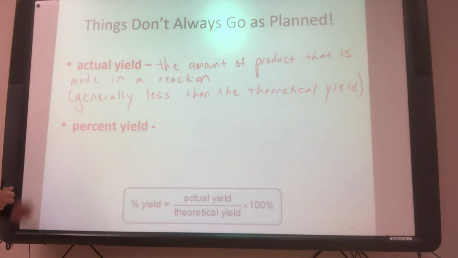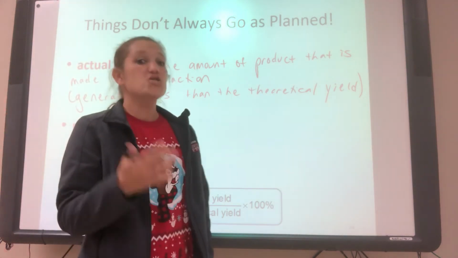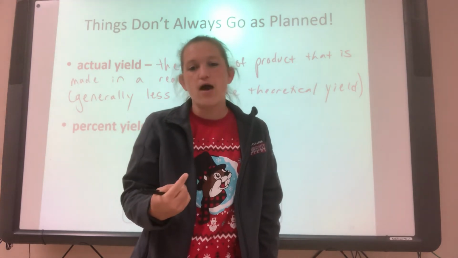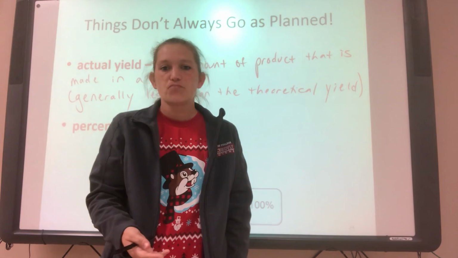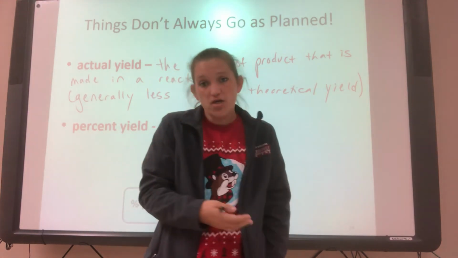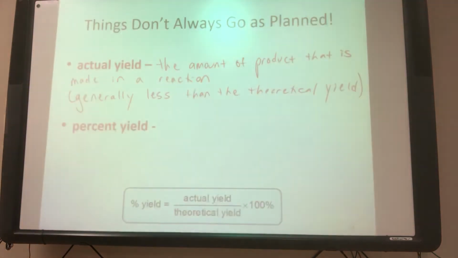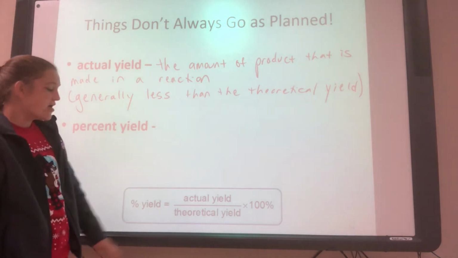Then we want to ask, how good were we at getting everything out? Going back to the peanut butter example, how much of the peanut butter did I get out of the jar? Did I use my finger and get almost all of it out, or did I leave a lot left over? If I want to know how much I actually obtained in relationship to how much I should have made, that is my percent yield. My percent yield tells me how much I actually obtained percentage-wise compared to how much I should have.